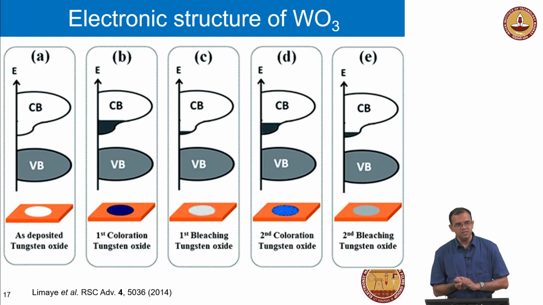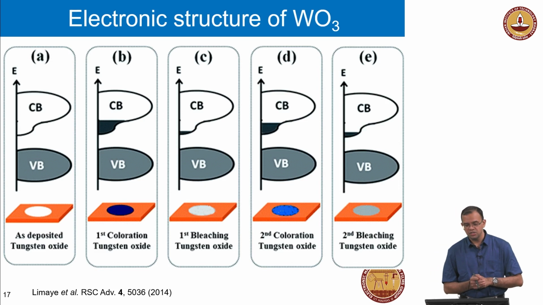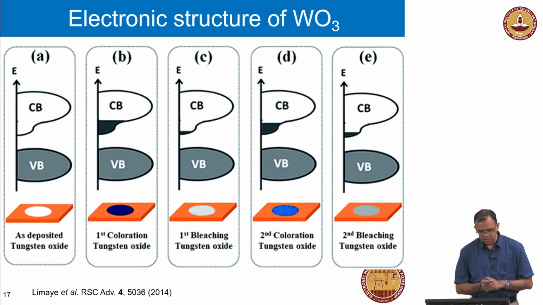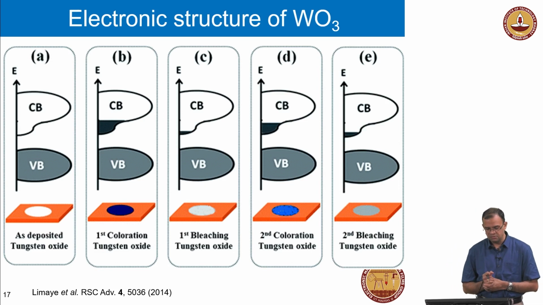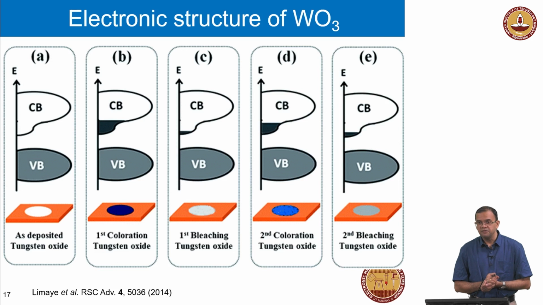What really happens when we look at the band structure of tungsten oxide? Typically you think of tungsten oxide as having a valence band and a conduction band, and as-deposited tungsten oxide is transparent. When you do this intercalation process, when you reduce your tungsten oxide, you are essentially pumping electrons into the system.